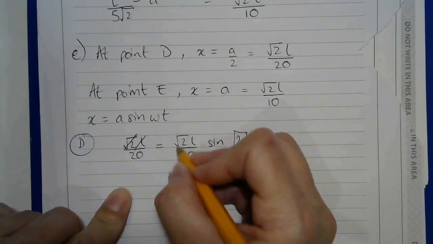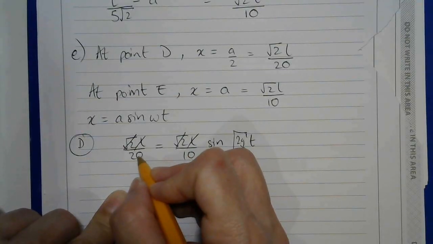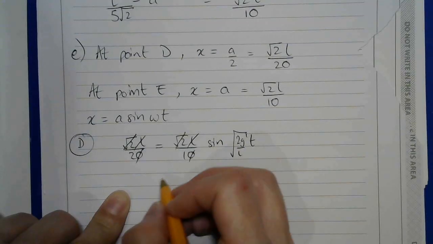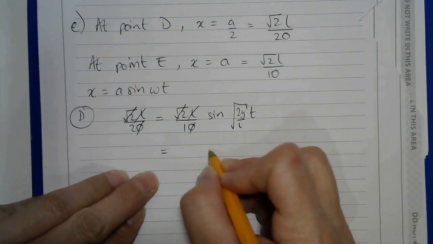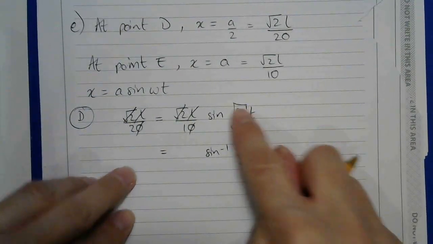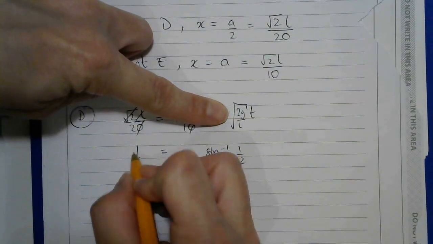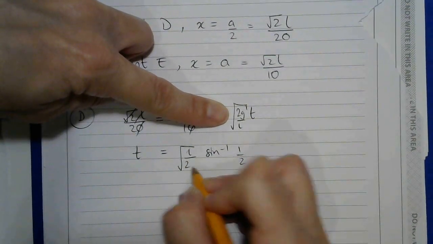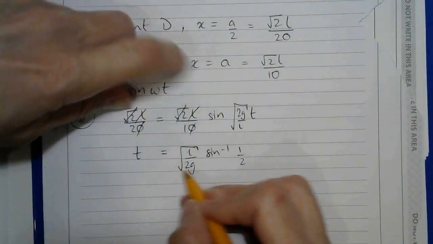So these cancel, these cancel, these cancel, and so I just get a half. Inverse sine of a half will give me this thing here. So to get the value of t, I would need to multiply by the reciprocal of this, so L over 2g square rooted.